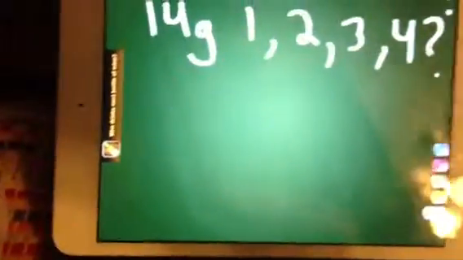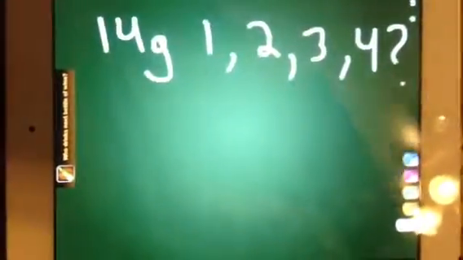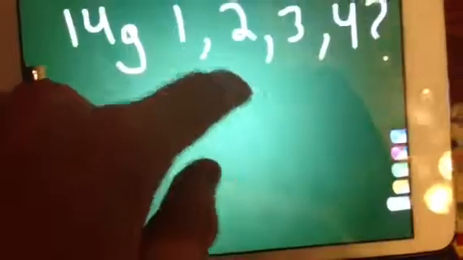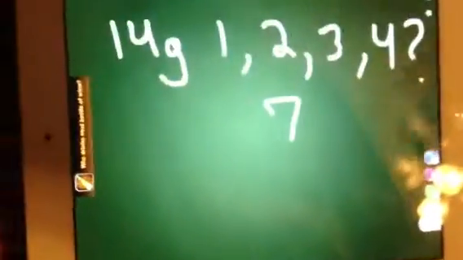So we go to the drawing board and we start with our 14 grams, and we have to figure out 1, 2, 3, and 4 days of how much is left after each day. And it has a half-life of 2 days. So after 2 days, half of it will be gone, resulting in, as we know, 7 grams left.